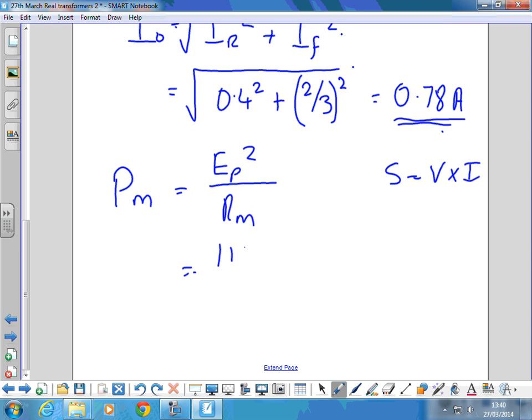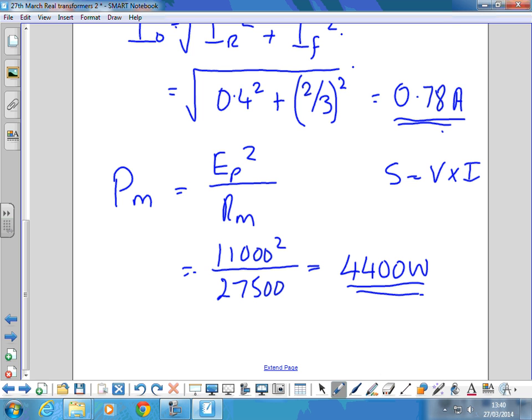That's 11,000 squared divided by 27,500 equals 4.4 kilowatts.